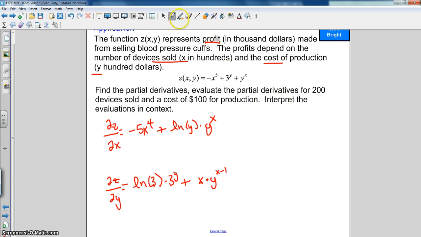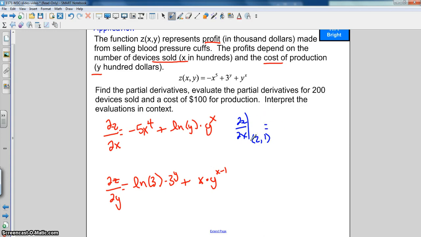So now I found the partial derivatives. I need to evaluate them, but carefully, because it says x is in hundreds and y is in hundreds. So really this is saying del z del x evaluated at, in coordinate form, cost is y, so this is really at 2 comma 1.